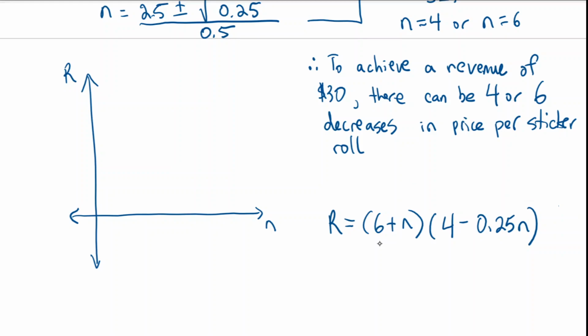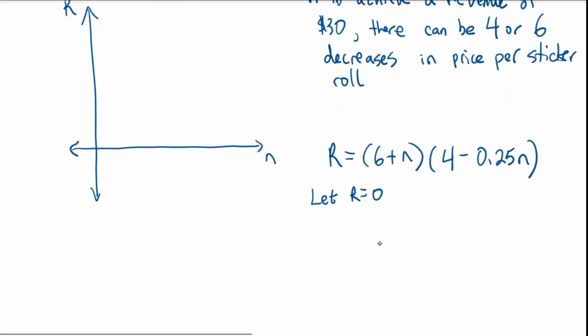Now, this is conveniently in factored form for us. That allows me to find the n-intercepts, otherwise known as your x-intercepts. So what I can do is let R equal 0 this time. That's going to give me the n-intercepts, and you'll see why I'm doing this. It helps me sketch this graph so you can visualize it.